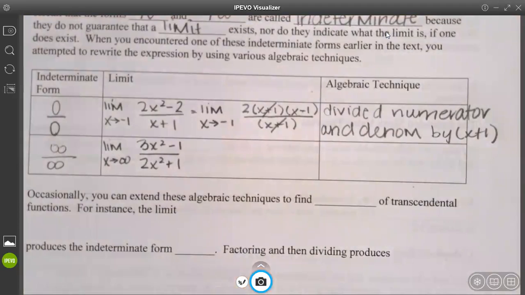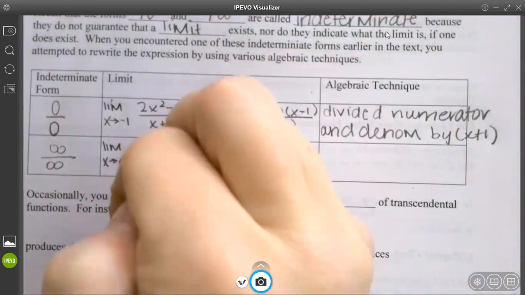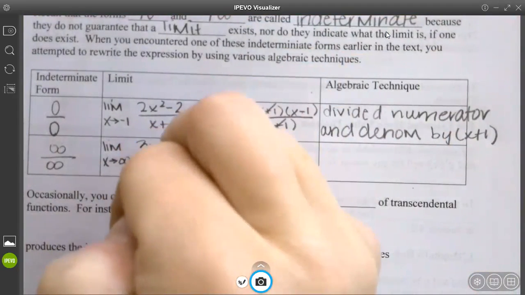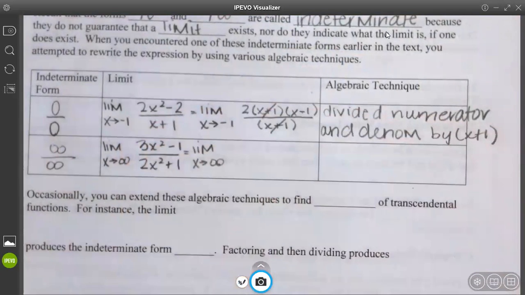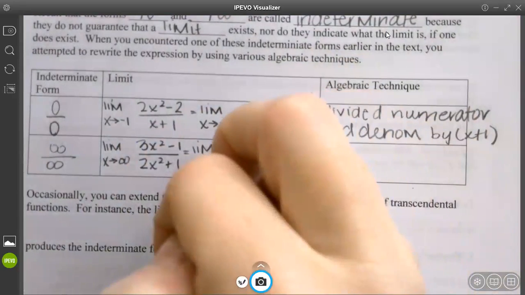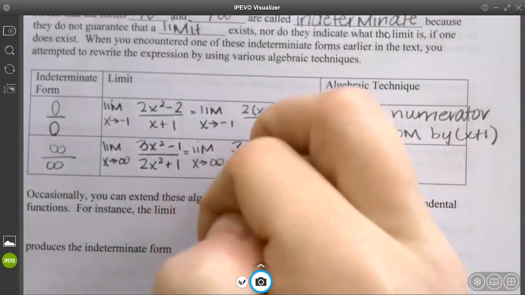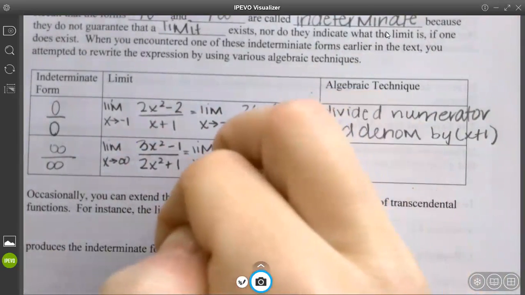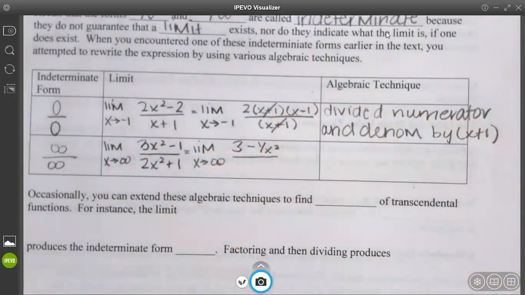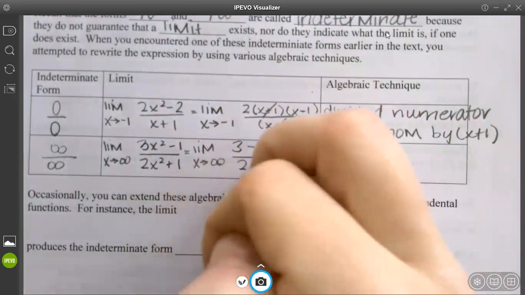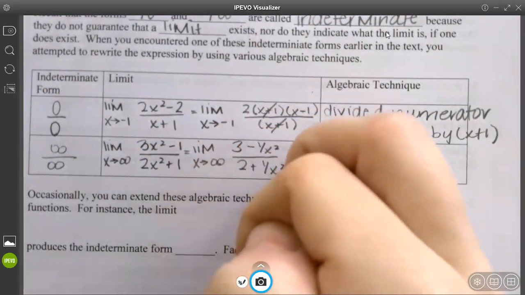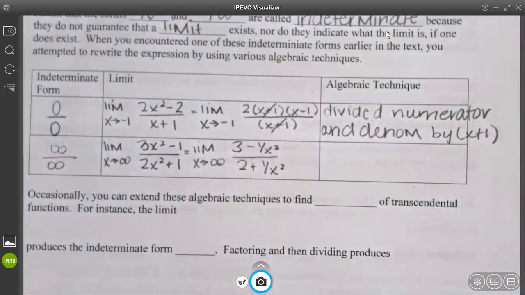So what we had to do is divide by the highest power on the bottom. What's your highest power on the bottom? So divide everything by x squared. When we do that, we get 3 minus 1 over x squared, over 2 plus 1 over x squared.